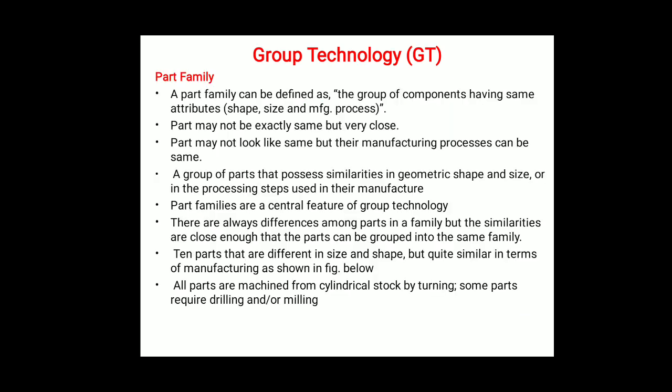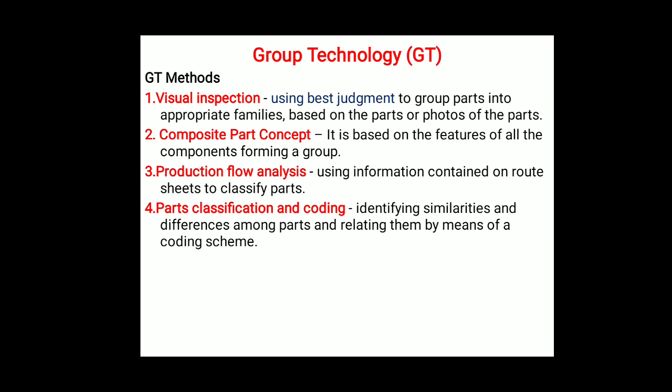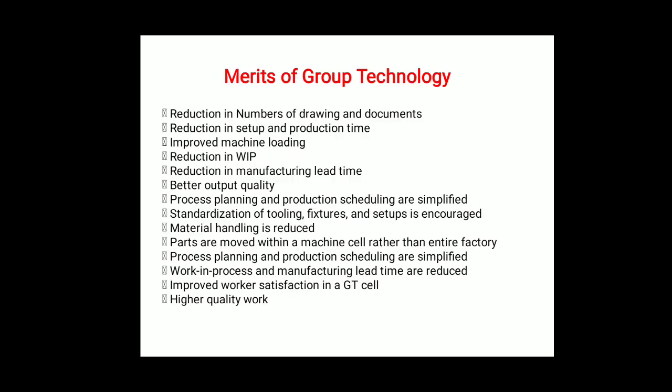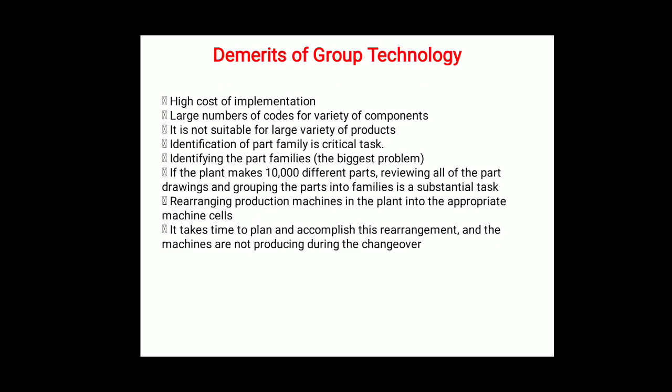We have seen the group technology methods: how to form the groups by using visual inspection, composite part, production flow analysis and classification and codification. We have seen an example of group technology, then the advantages and disadvantages of group technology.